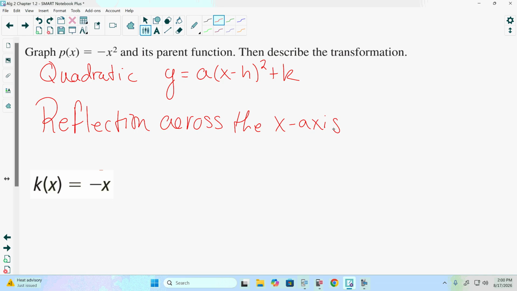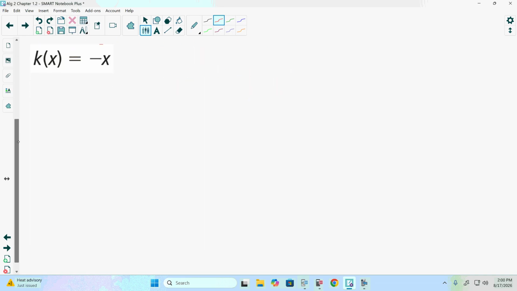K of x equals negative x. What's the parent? Linear. It's a line. We can just go top to bottom.